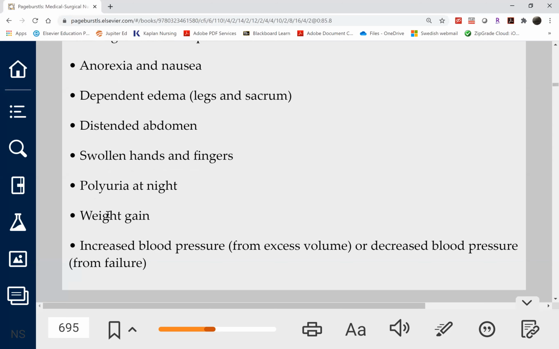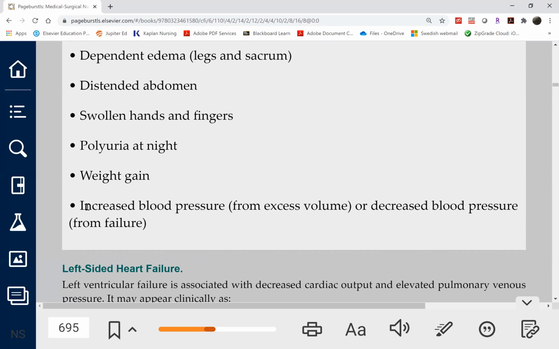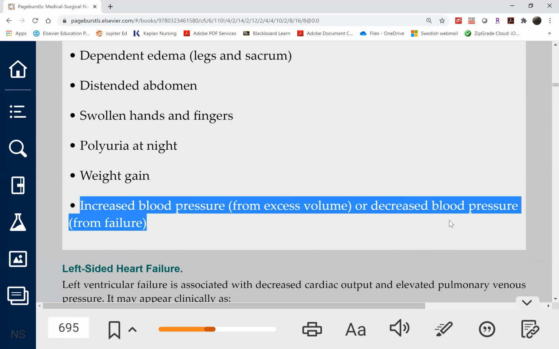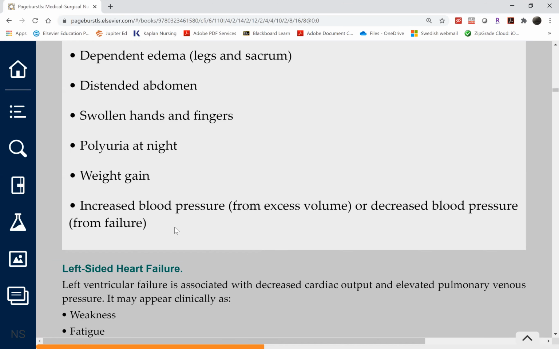And the weight gain, of course, is from the oliguria during the day. Now this part here, there are two blood pressure problems. When we say increased blood pressure, they have hypertension day to day, meaning, remember, heart failure is a chronic condition, correct?